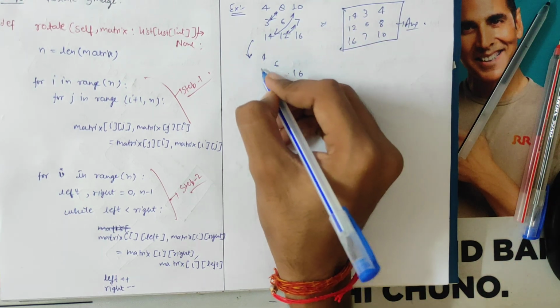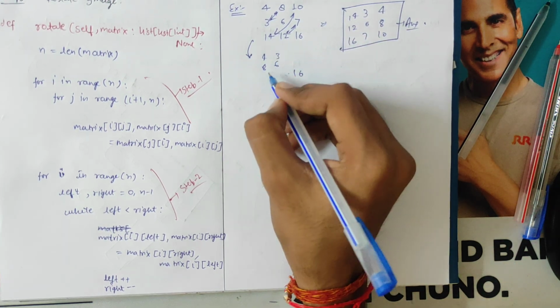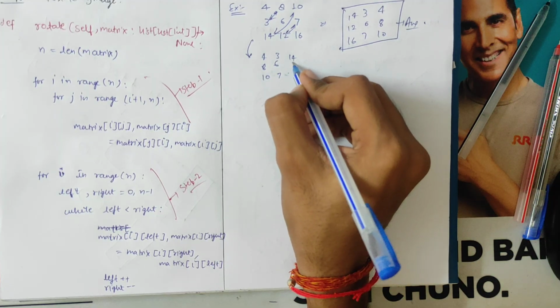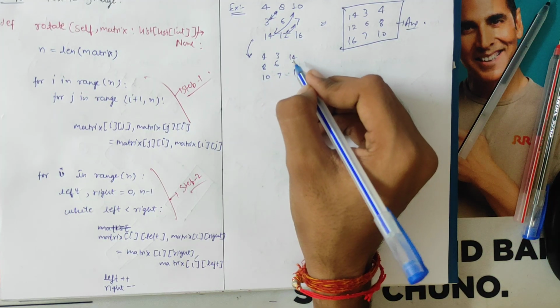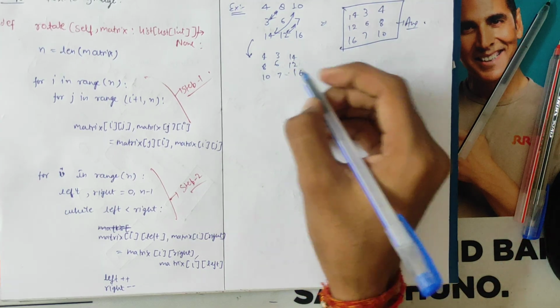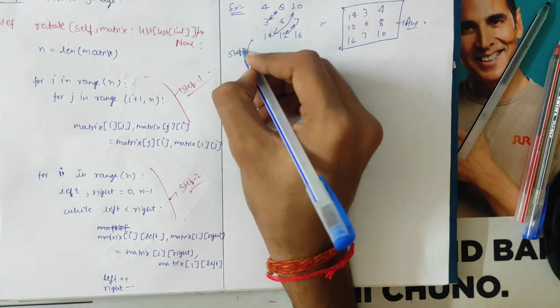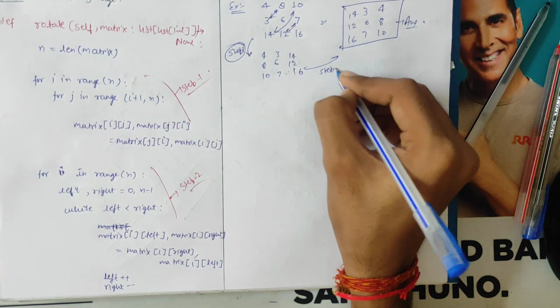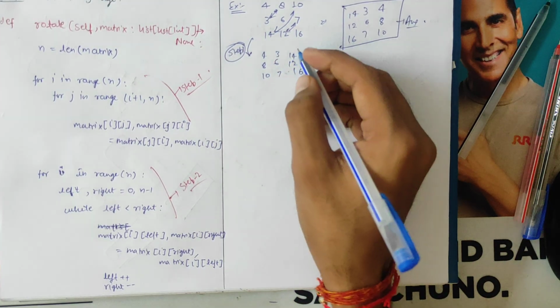So 8 is here, 3 is here, 10 is here, 14 is here, 7 is here and 12 is here. So this is step 1, and in step 2 each row will be reversed.